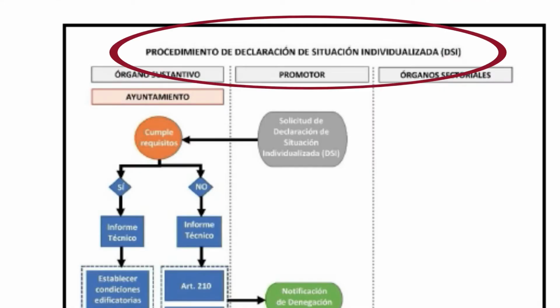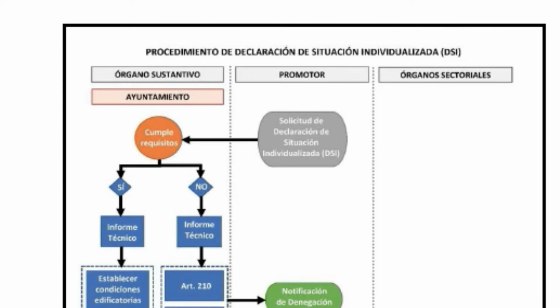First line, procedure for the declaration of the individual declaration. And then we move on to these 3 columns. I'm going to go from left to right. So órgano sustantivo is essentially the body, the entity, the authority, which decides, which takes the decision.